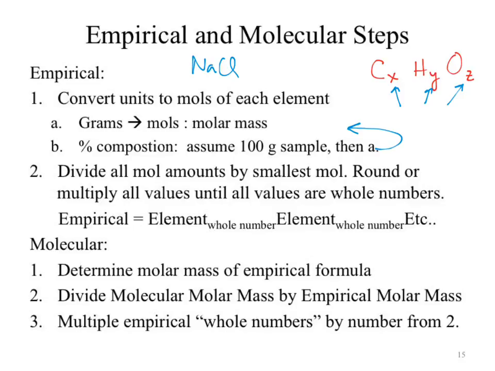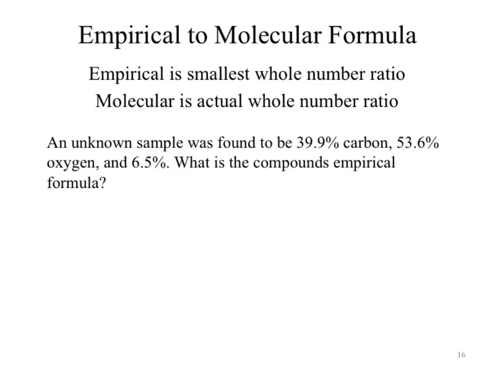Okay? So, when we go back to this sample, we said how much of it was carbon? 39.9 grams was carbon. How much was oxygen? And how do I convert each of these into moles?